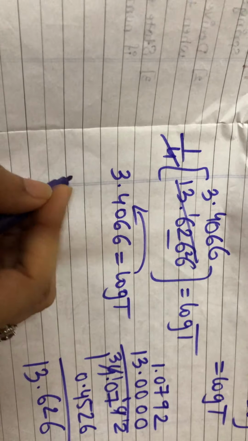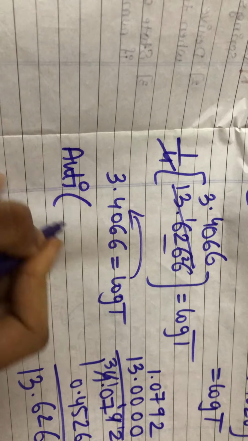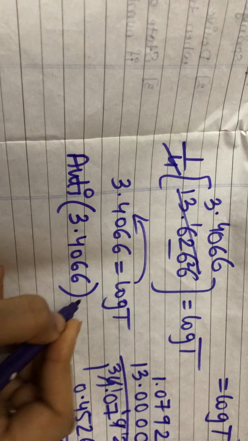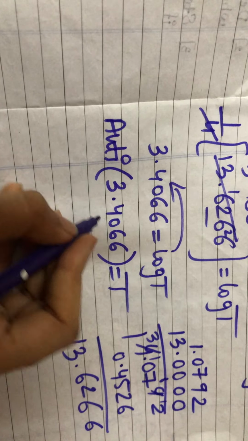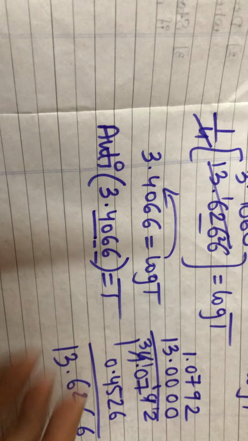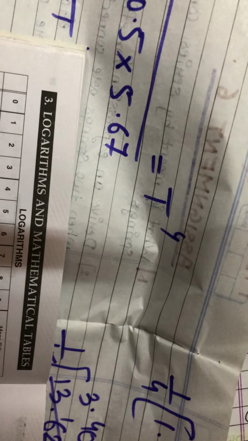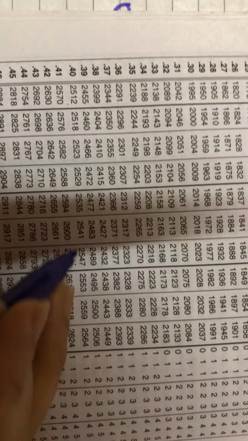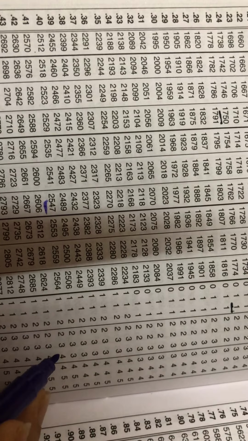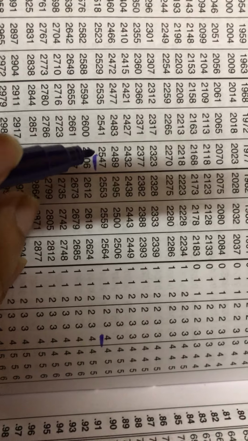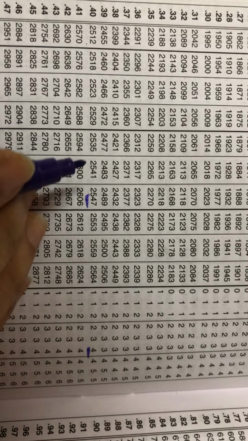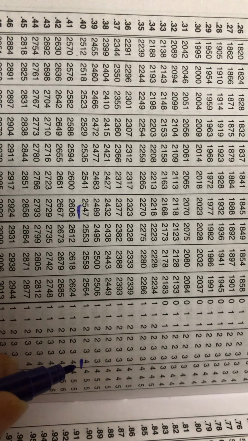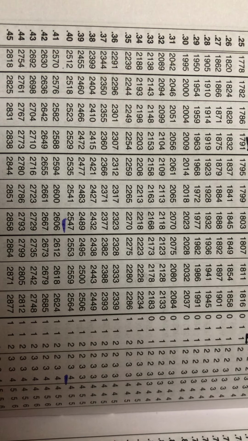Now I'll be taking this log towards the left hand side, so it becomes the anti-log of this number, that is 3.4066, equal to T. Now how do you find the anti-log? For 4066, we look at 4040, and then 6, which gives 2547, plus 4, that is 2551.